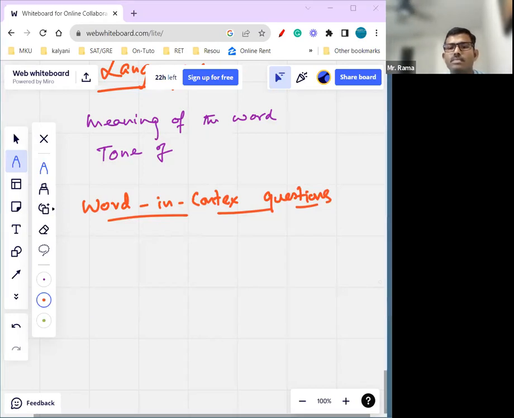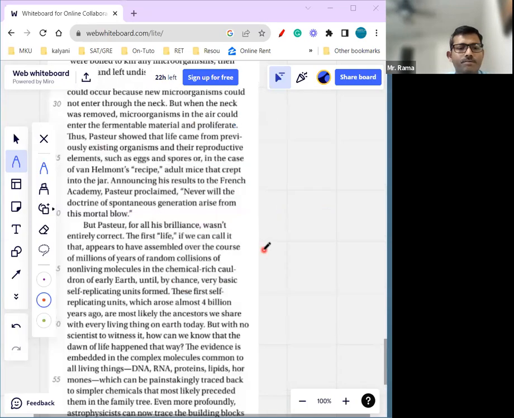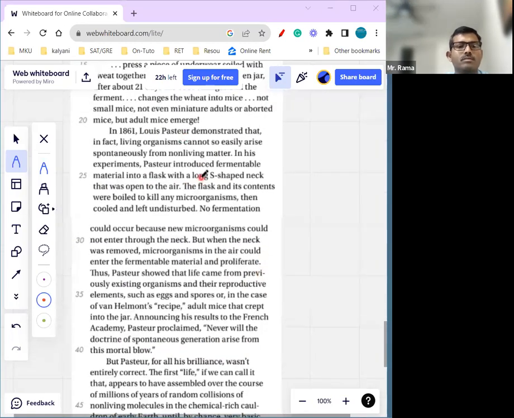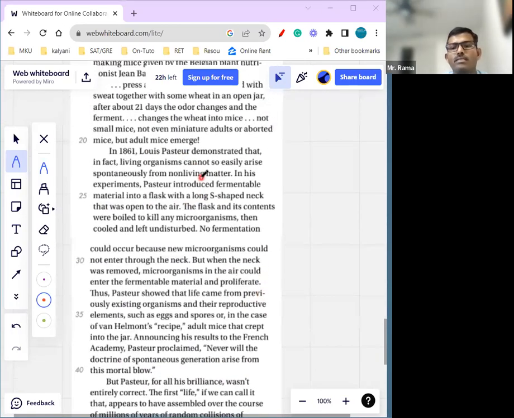Let me see. I'll put one question. If in the passage you go to line 24, there is a word called decline, okay? Let's see, where is it? Decline, in the previous passage.